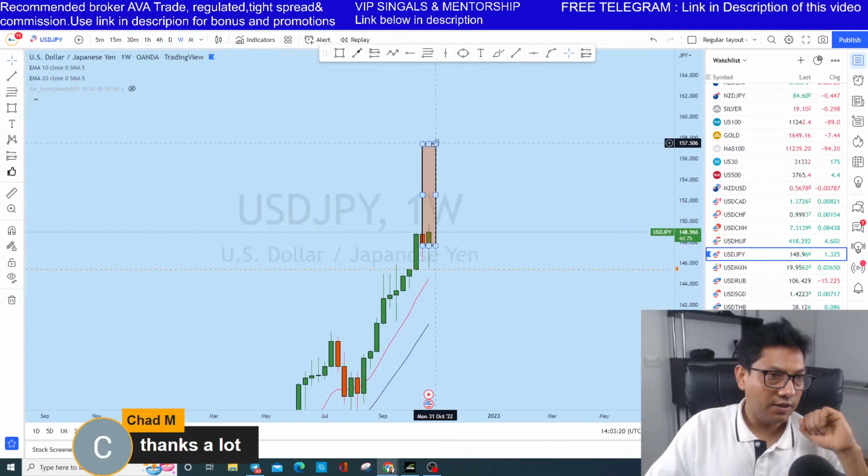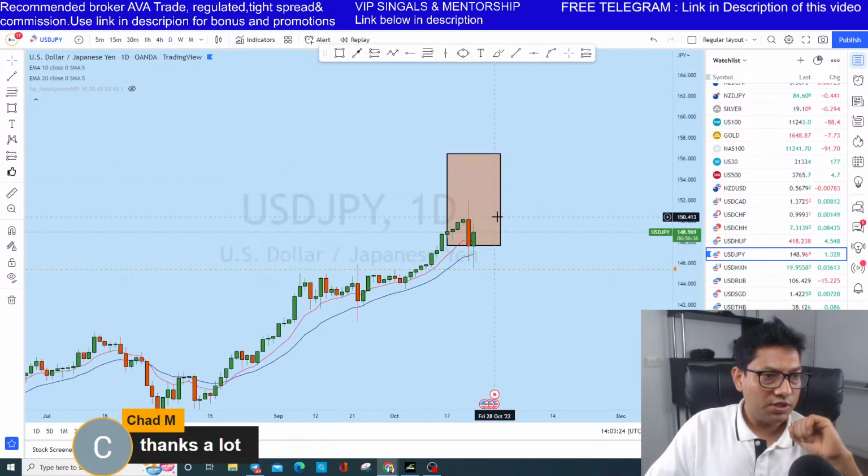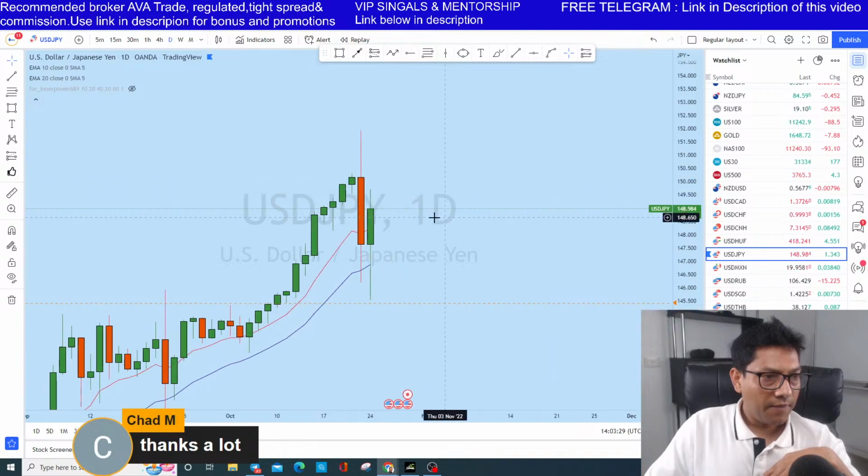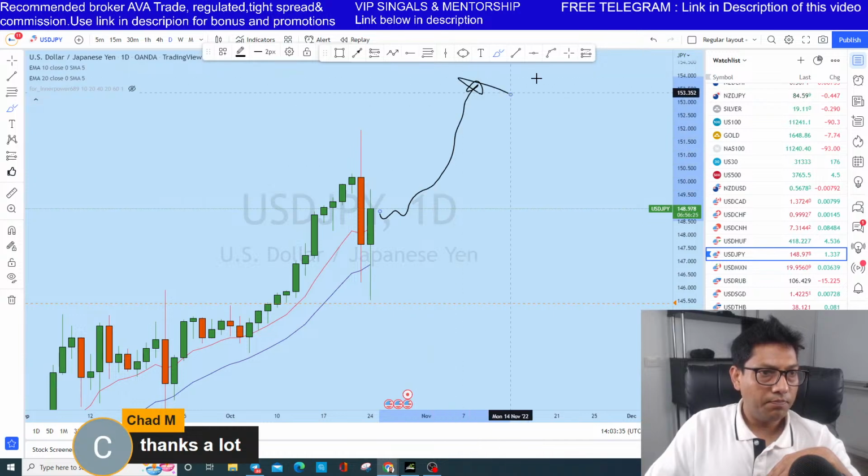Okay, a candle like that. So with that being said, looking at the daily, this is the daily candle. Now after the close of this candle, I think dollar yen will just continue to go up.